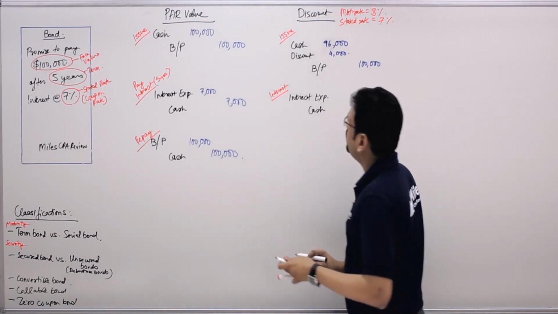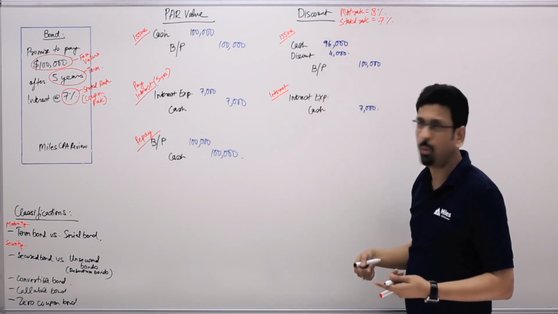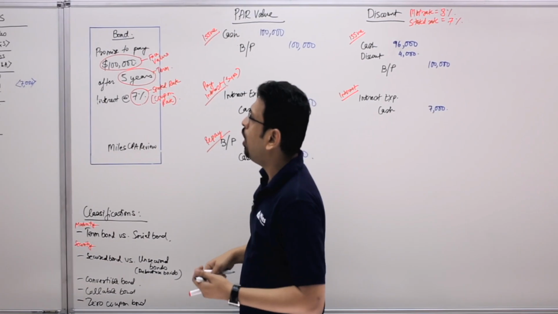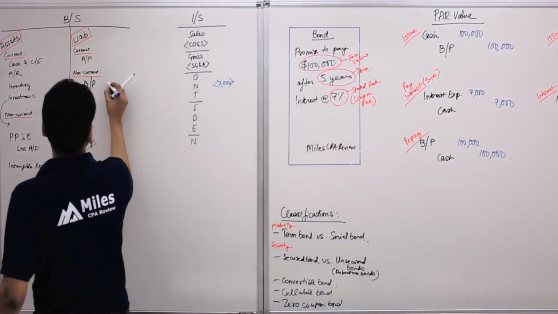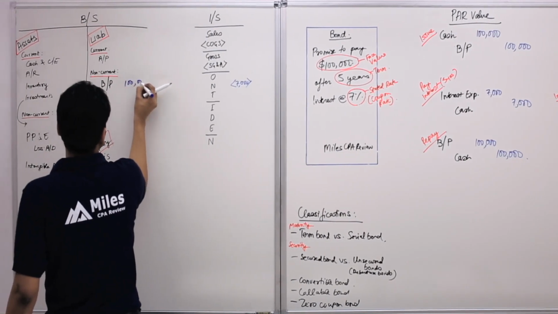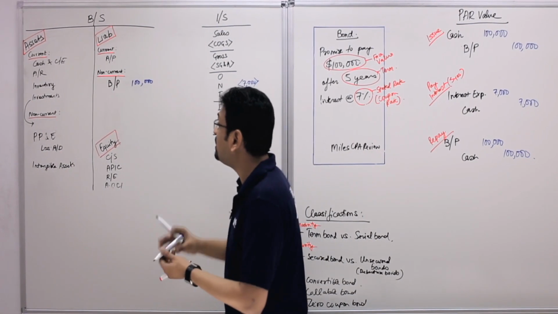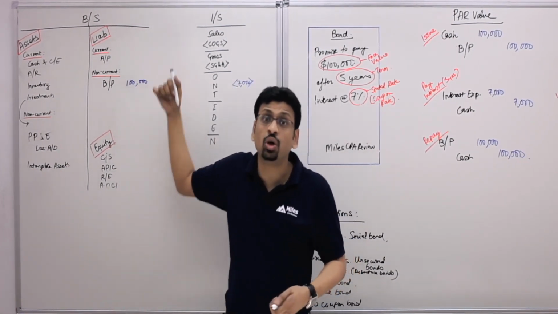Now guys, think about it. We got this discount account, right? Discount on issuance of bonds. Let's do it on a balance sheet. So on a balance sheet, we're going to be having a bonds payable of $100,000, and we've given a discount. So we're going to have the discount along with the bonds payable. So the bonds payable, that's at $100,000. Why?